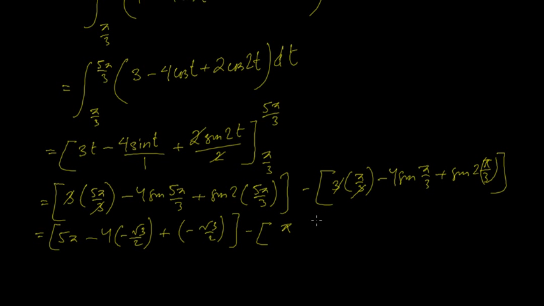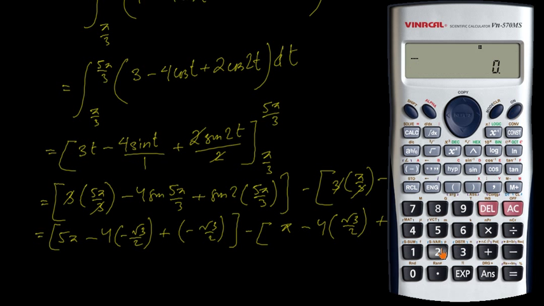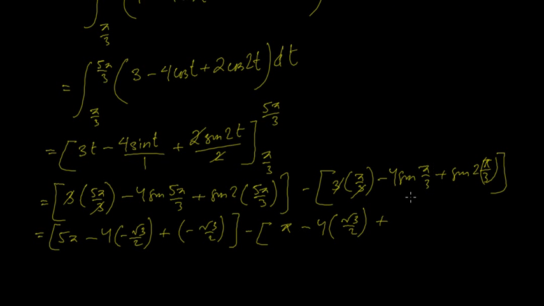So this is what we are getting here, minus, now this pi and this pi cancel, we get a pi here, so minus 4. Now sine 60 degrees, opposite by hypotenuse, is root 3 by 2, plus sine 2 into 60 degrees, that means sine 120 degrees. So 60 degrees into 2 is 120 degrees, and sine 120 degrees is again root 3 by 2.